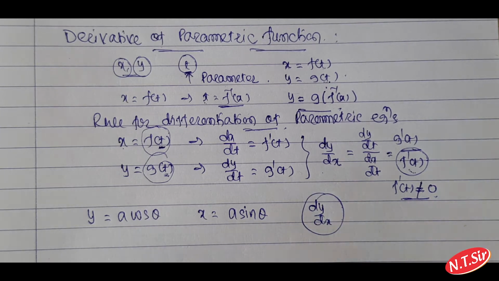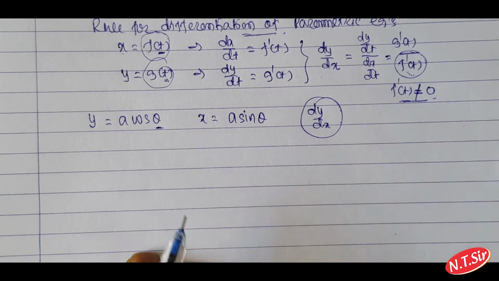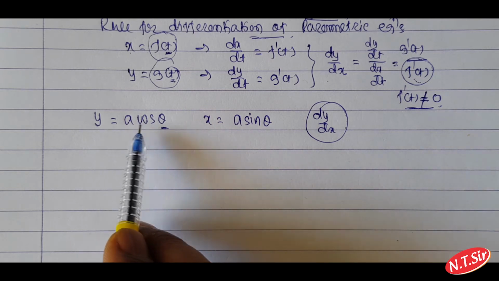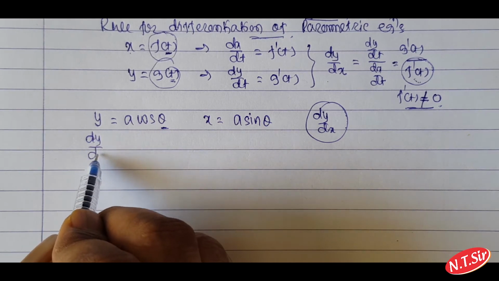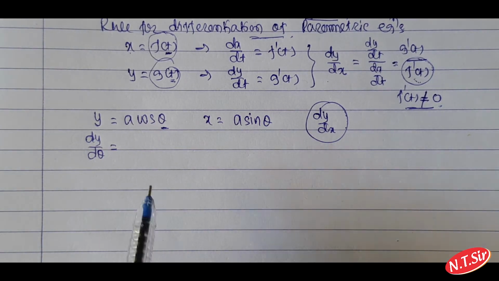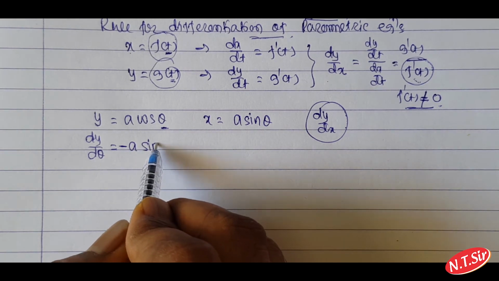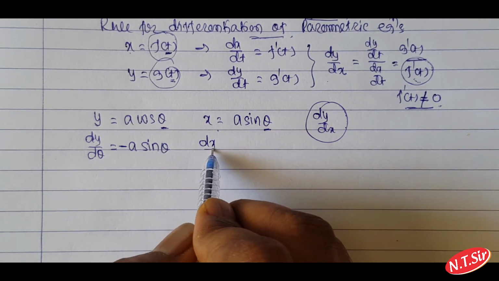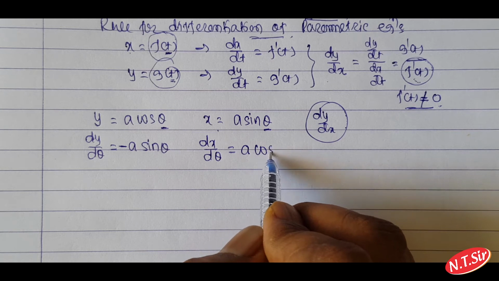Now y is a function of another variable theta, so as we saw in parametric differentiation, we differentiate with respect to theta. dy by d theta: a is constant and the derivative of cos theta is minus sin theta. And dx by d theta: a is constant, the derivative of sin theta is cos theta.